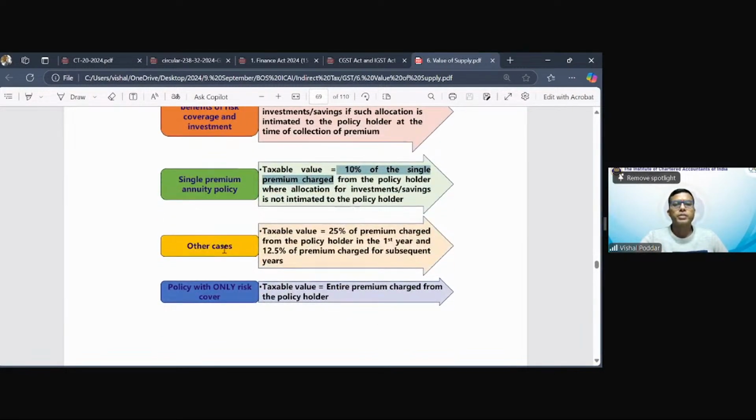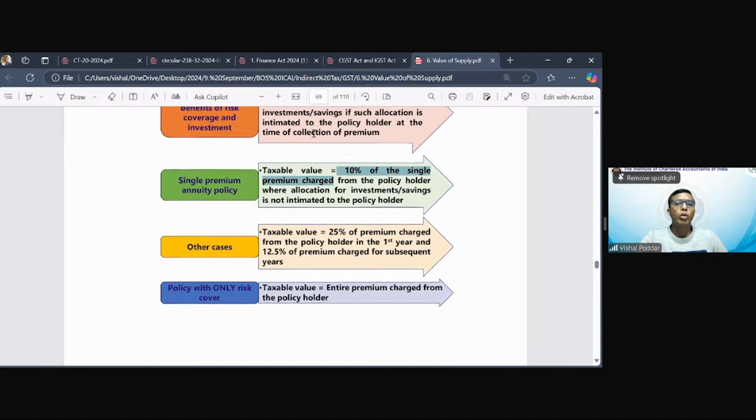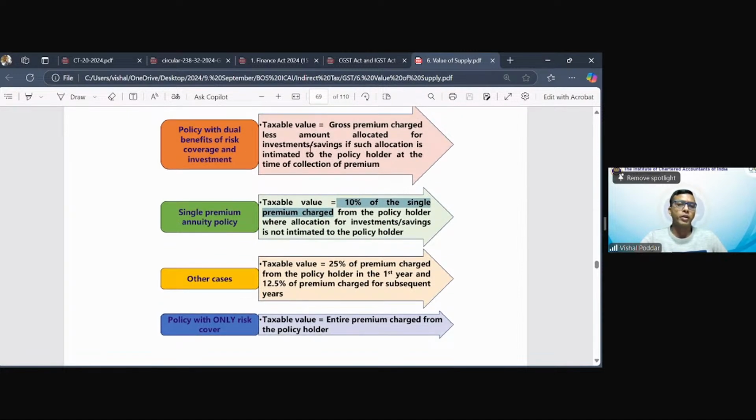Then other cases. What are these other cases, where I do not know this breakup? How much is going for investment? They have not informed me that 70% is going for investment. But yes, definitely something is going for investment. Why? Because I'm going to get my amount back. This falls in any other case, where they presume that 25% of premium for the first year is towards insurance, and for the remaining years, it is 12.5% of premium.